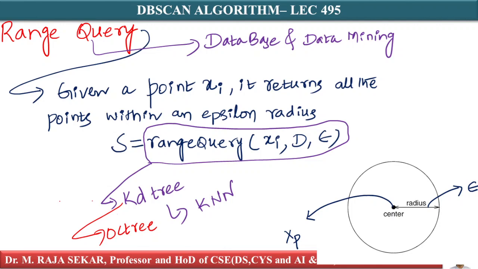Internally, they might be using a KD tree. Of course, the first step is very simple. Given each point xi that belongs to capital D, I can label it as a core point, border point or noise point. To do this, we need to do range queries, which you can implement efficiently. sklearn uses KD tree internally for implementing the DBSCAN algorithm.